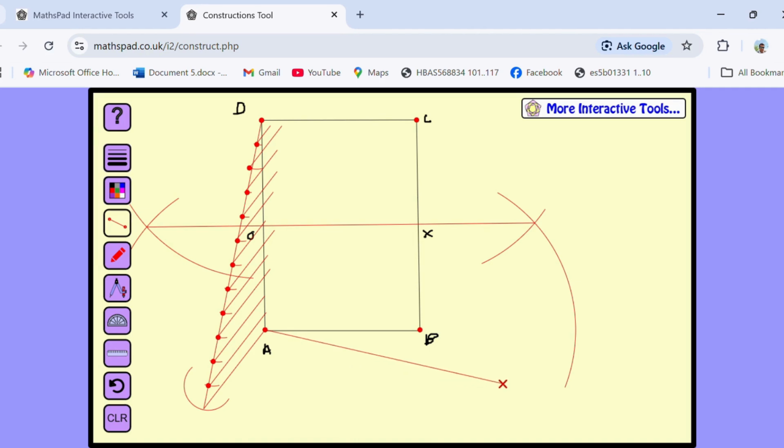Now we should also divide AB and CD into a similar number of equal parts. That means you have to divide AB and CD into six equal parts.